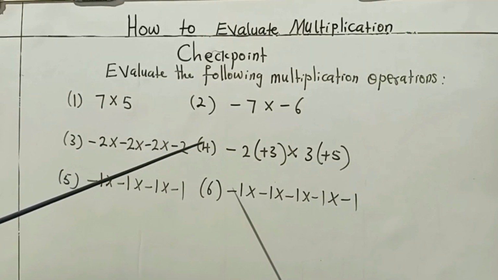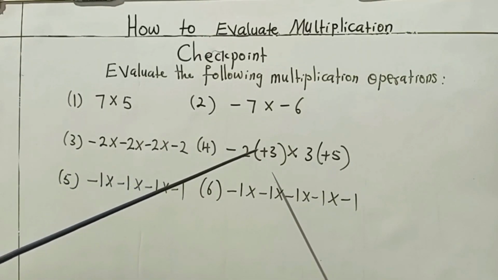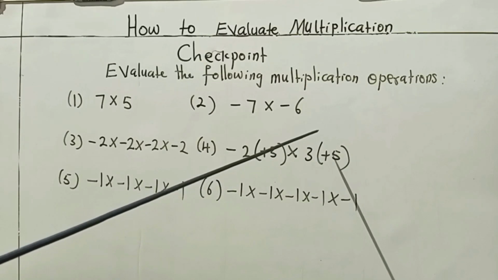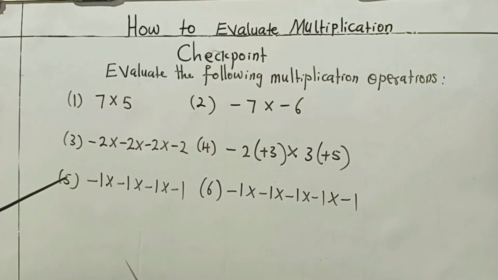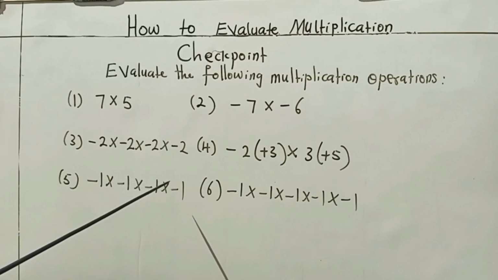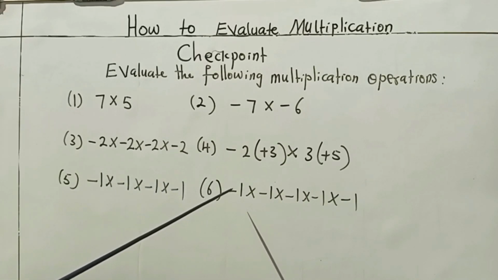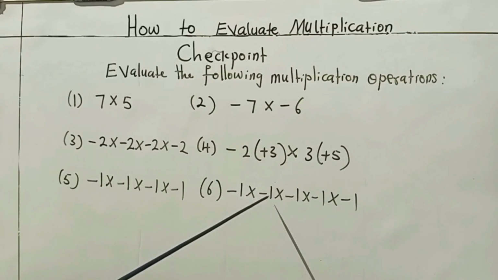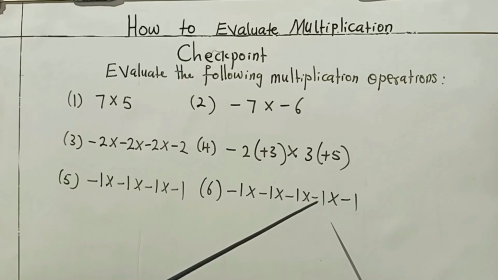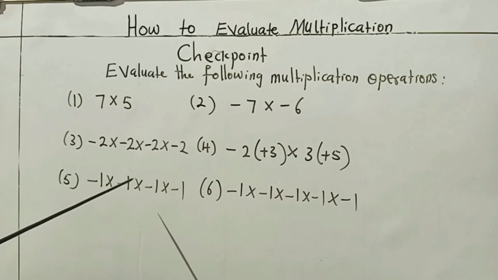And number 4 is minus 2 bracket plus 3 times 3 bracket plus 5. Number 5 says minus 1 times minus 1 times minus 1 times minus 1. Number 6 says minus 1 times minus 1 times minus 1 times minus 1 times minus 1. Certainly, this and this appear almost the same, but here we have 4 ones and here we have 5 ones. Find out if there will be a difference in their answers.